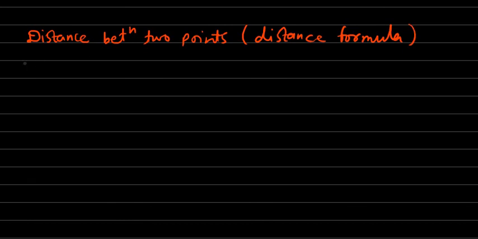We are aware of the distance between 2 points if the points are in the plane. If the points are P having coordinates x1, y1 and Q having coordinates x2, y2, then the distance PQ is given by the square root of (x2 minus x1) whole square plus (y2 minus y1) whole square.